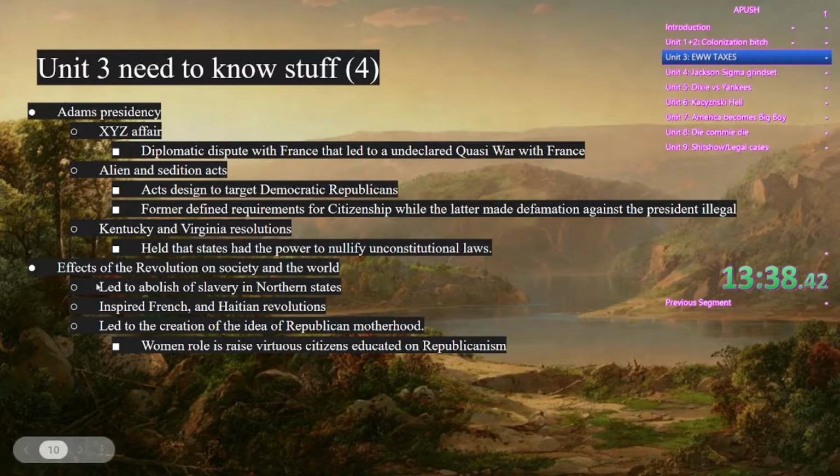You want to know it led to the abolition of slavery in the Northern states and inspired the French and Haitian revolutions, and it led to the creation of the idea of Republican motherhood, which was the first major concept of what women's role in American society would be, which was that women should raise virtuous voting citizens, educated in republicanism. Republican motherhood also led to women having more opportunities in education, is what I should say.